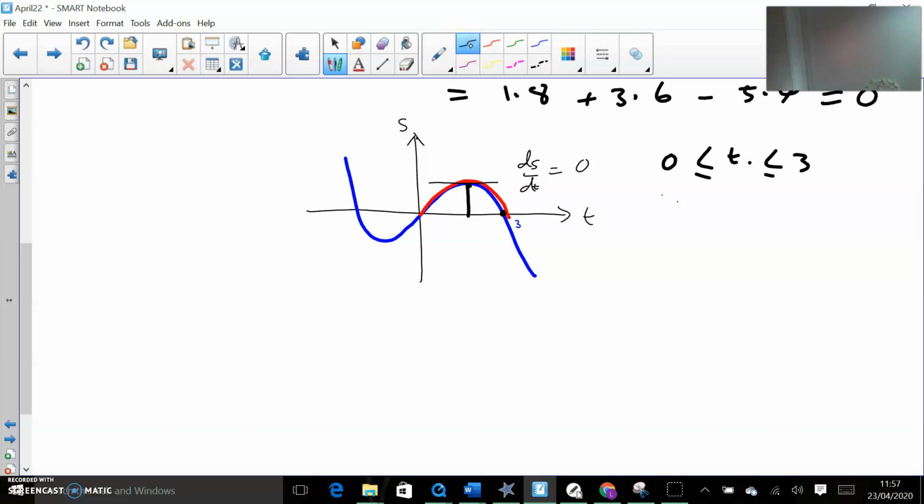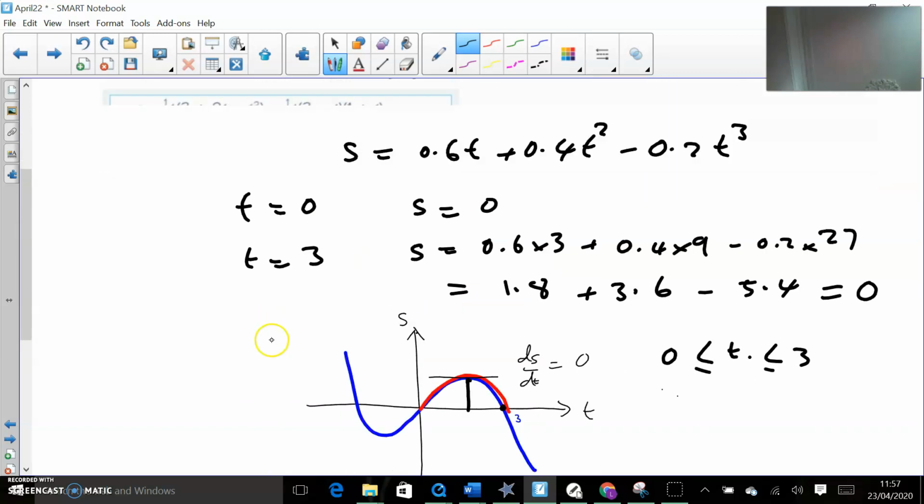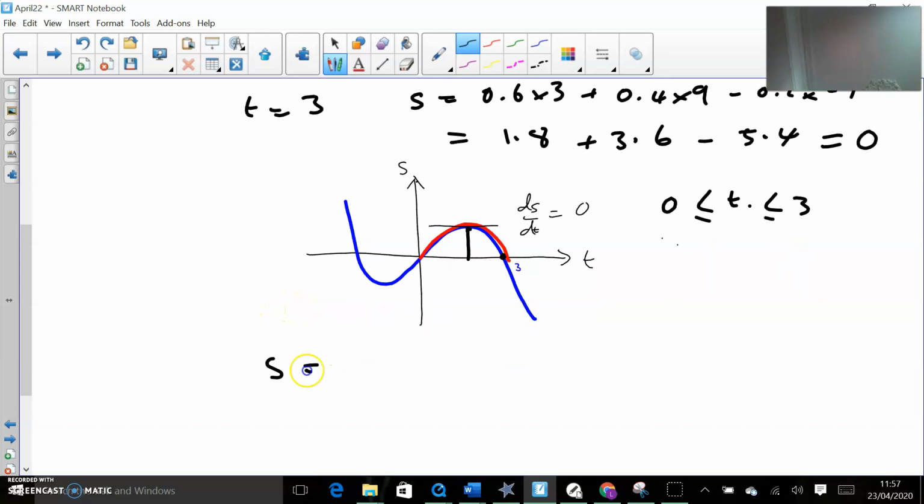So we're using the fact that we're looking for the maximum distance, and at a maximum the derivative is 0. So we need to find the maximum distance. We have s is 0.6t plus 0.4t squared minus 0.2t cubed.